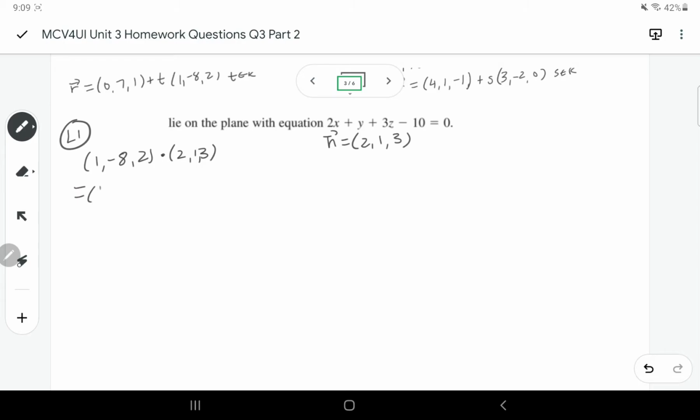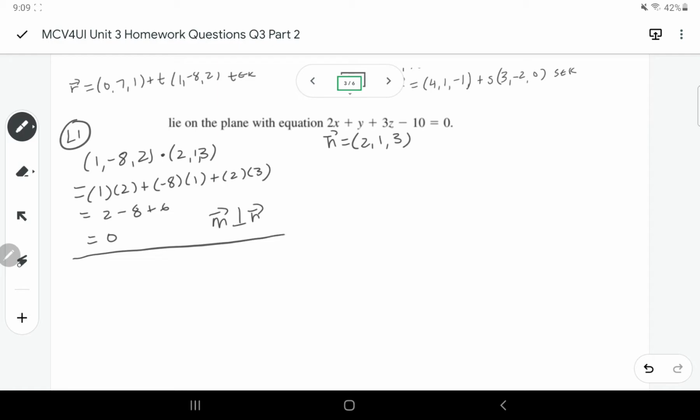So that would be 1 times 2 plus -8 times 1 plus 2 times 3. So that's 2 minus 8 plus 6, which is 0. So my direction vector is perpendicular to the normal. So I know that this line is at least parallel to the plane. I don't know for sure yet that it's actually on that plane, but it might be.